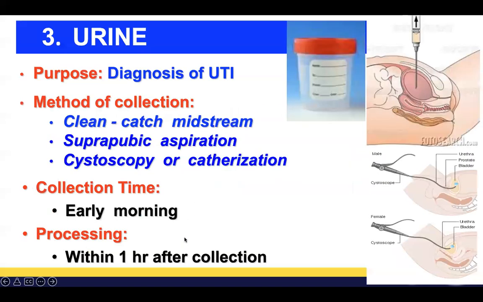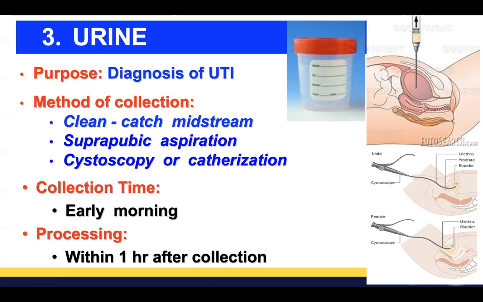Okay. Next, we have urine. So the purpose of performing urine cultures is to diagnose urinary tract infections. There are several methods of collection, but the most widely used method is the clean catch midstream method.